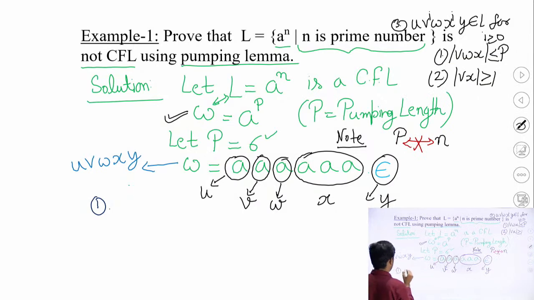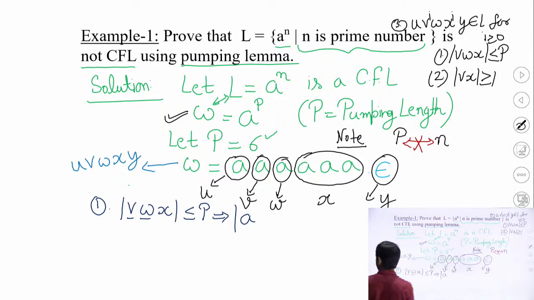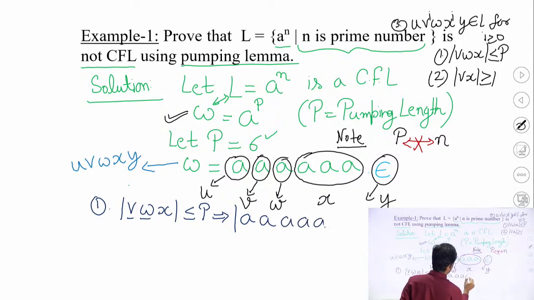Now first condition, the length of vwx is less than or equal to p. What is v here? v is a. What is w here? a. And what is x here? 3 times a.